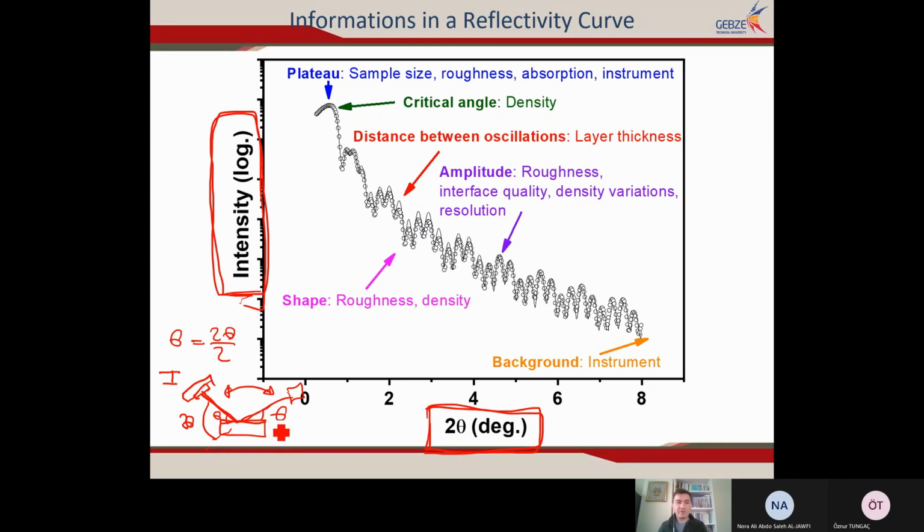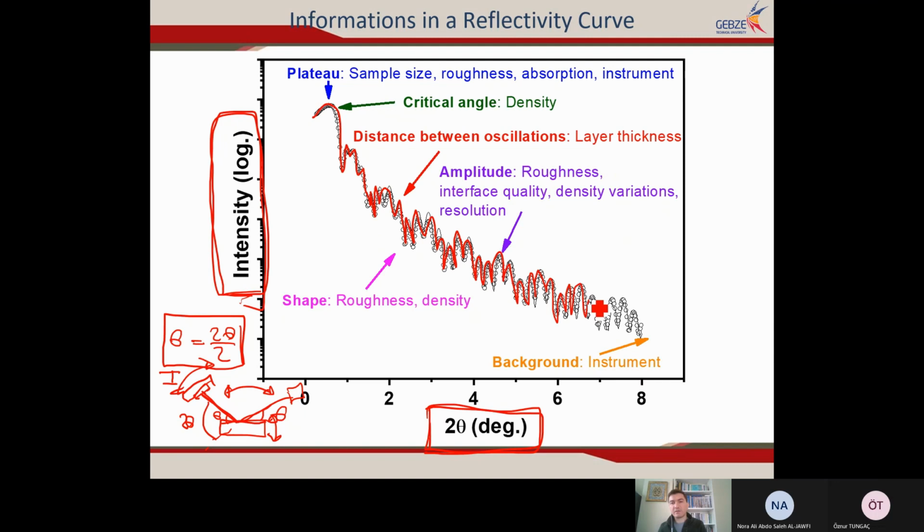We change the theta, and we also change the position of the 2 theta by ensuring this condition. Okay, so this is the measurement. Then we have this result. This is the X-ray reflectivity data. This is characteristic for each sample, okay? So for another sample with other layers and thicknesses, you will get a completely different X-ray reflectivity curve.